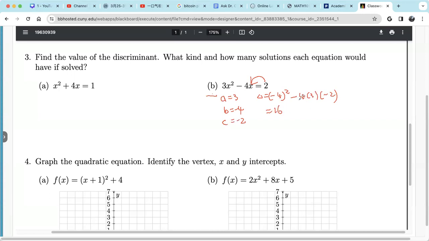Minus 4 times 3, minus 12. Minus 12 times -2, positive 24. So we get 40. When we take the square root of 40, that's square root of 4 times square root of 10. So 2 radical 10. And this is positive, and it's not a perfect square. So it's similar to A. So we get two irrational solutions.